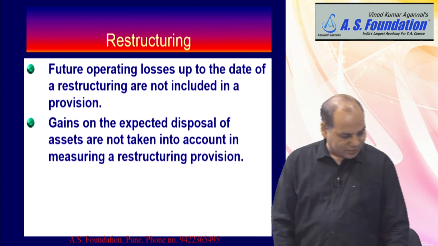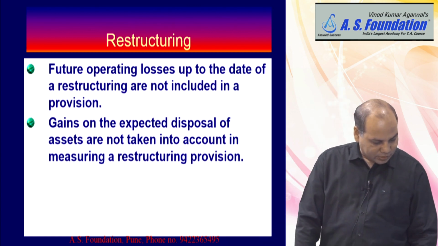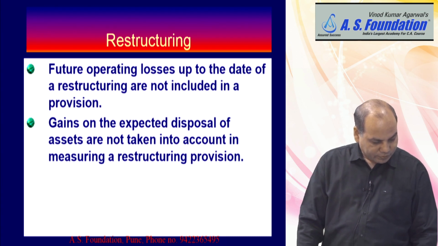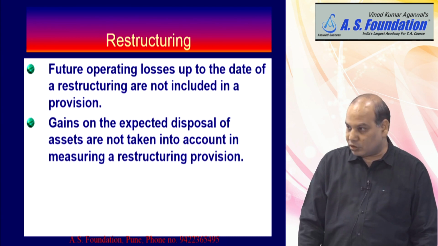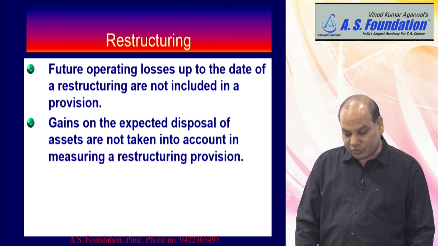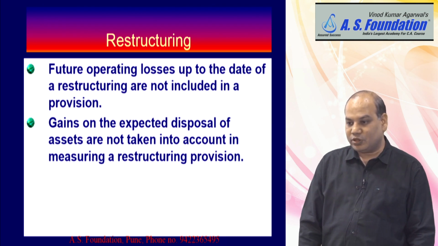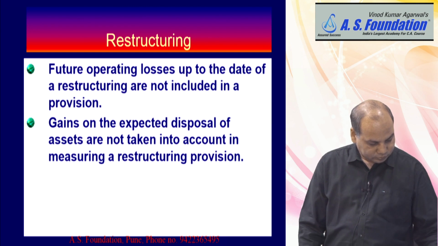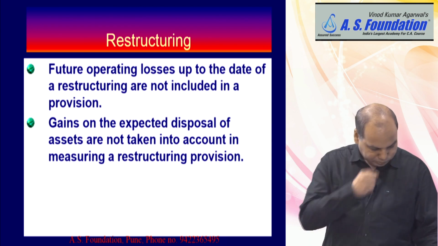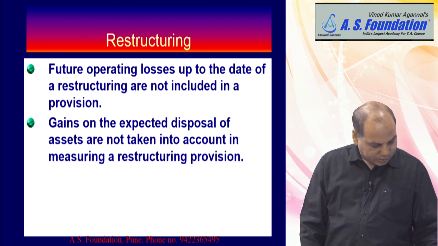The answer is no. Expected gain will not be considered. Is it right? Future operating losses will not be considered. Expected gain on disposal of asset will not be considered. It's written in the last paragraph.